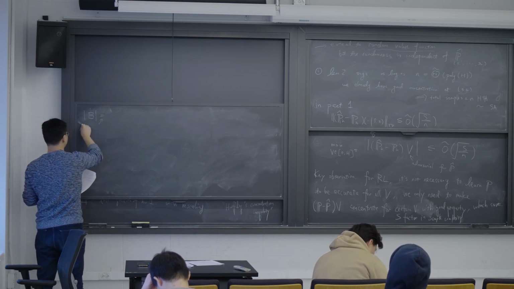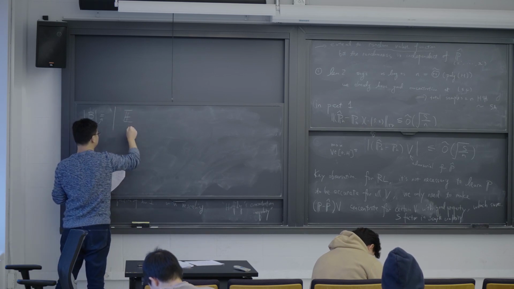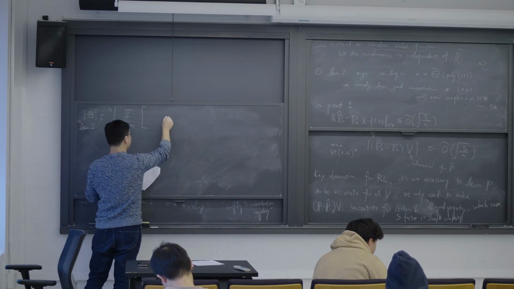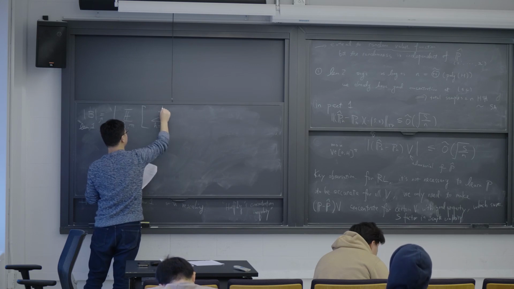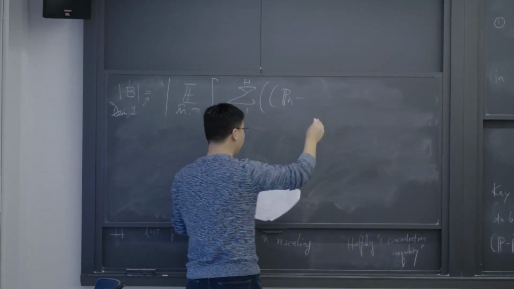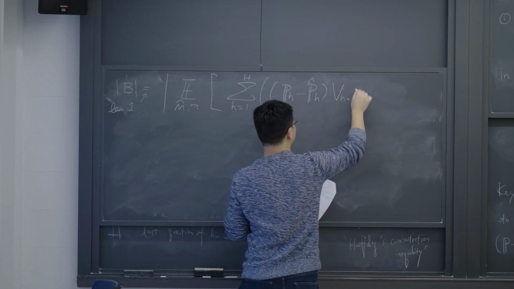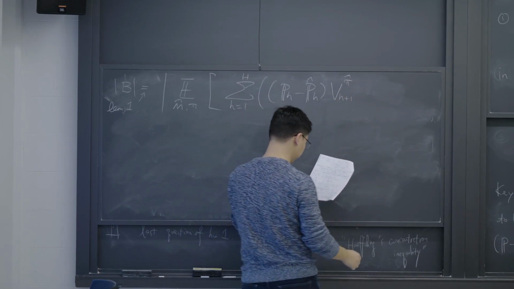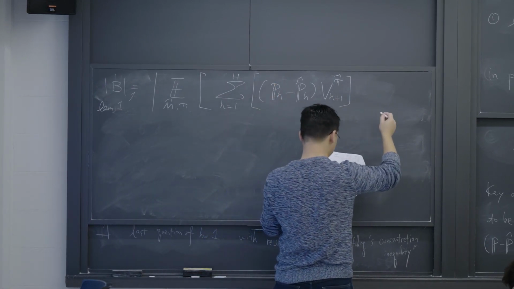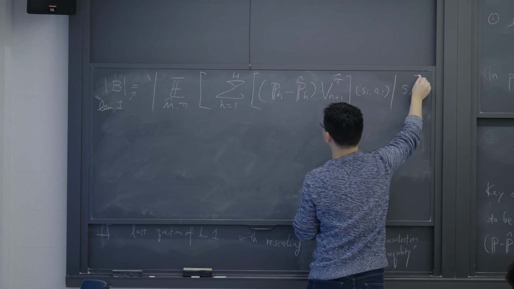Again, by lemma 2 or lemma 1, we do the decomposition that is equal to expectation over m hat and pi, with again the summation h from 1 to capital H, of p_h subtract by p hat h, applied to V_{h+1}^{pi hat}, at s, a, conditional on s, a.